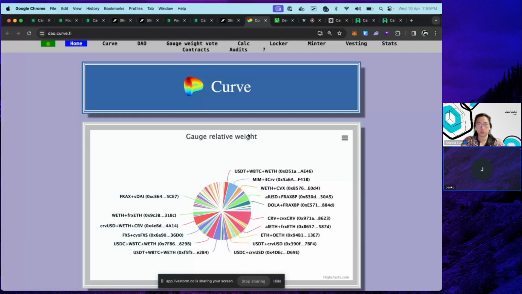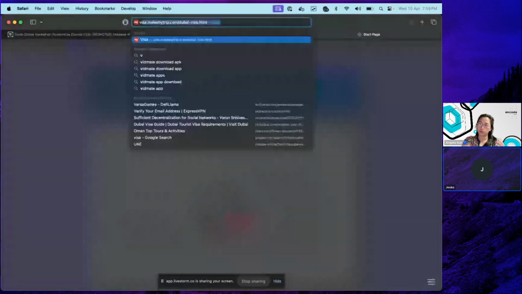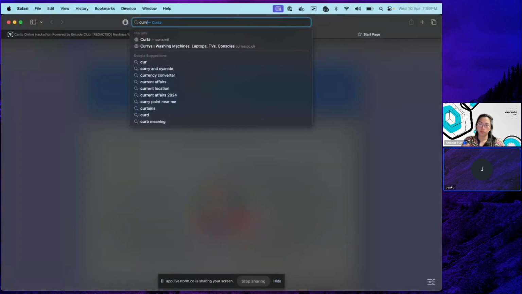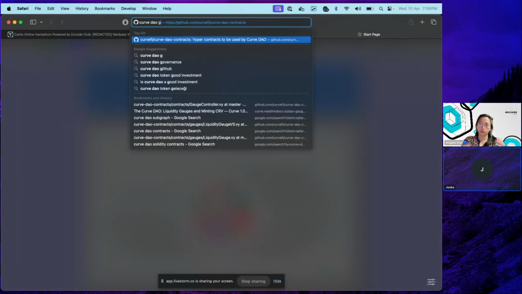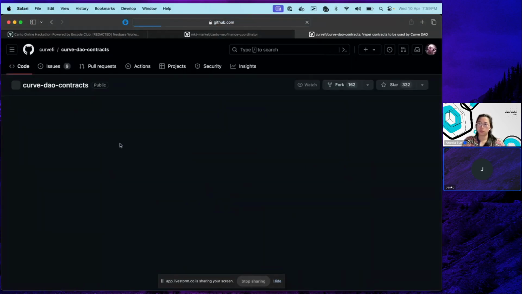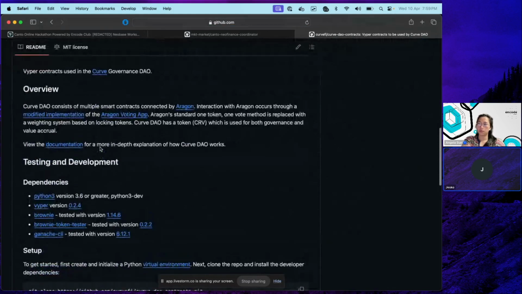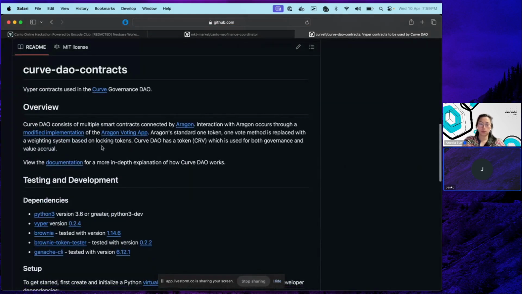A lot of different protocols are forking Curve and making their changes to incentivize pools, right? This is part of Curve DAO. We can have a look at their GitHub. Curve DAO is essentially the main Curve governance contracts, and interestingly enough, they were written in Vyper. It's not even Solidity, right?